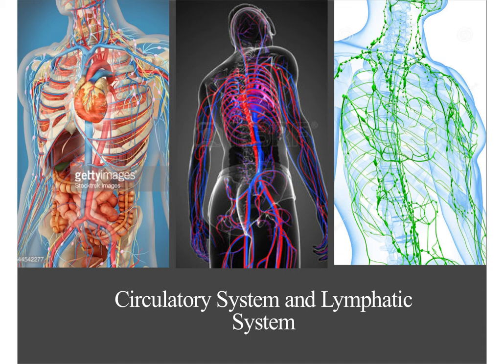So then we have on this side here, this is just a back view here. And then over here, this is your lymphatic system. Again, it is a roadmap. It goes all the way through your body. You can see these little nodules here. Those are your lymph nodes, all those things right there.